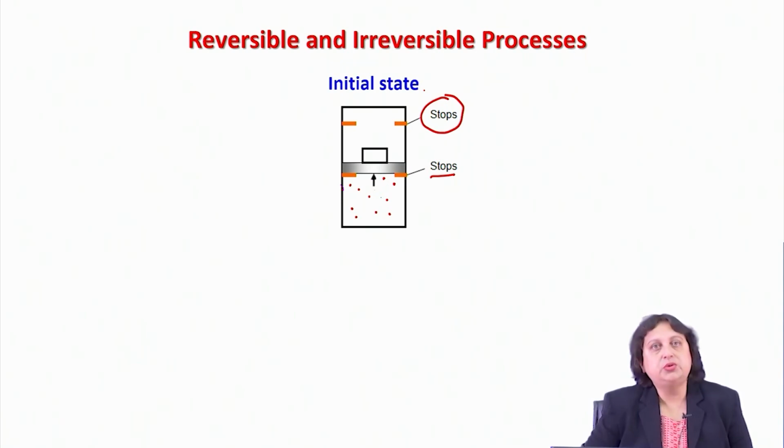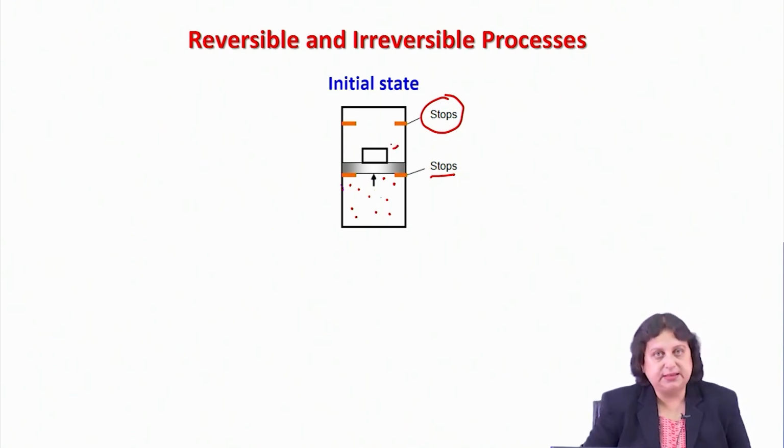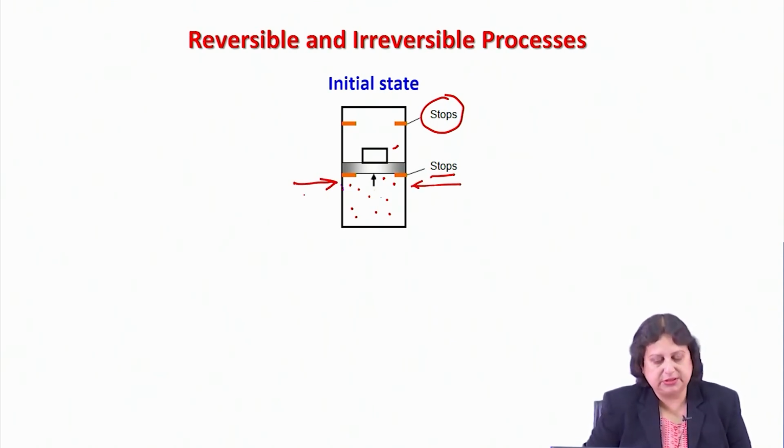Now, if I want to carry out the reversible change in state, I will very slowly decrease the weight that is holding the piston down, and I will withdraw these stops very slowly through very small amounts.